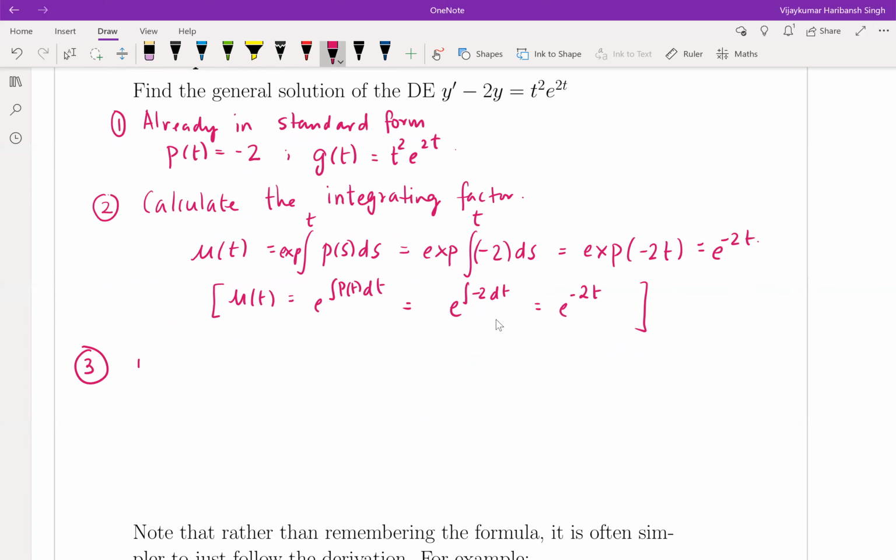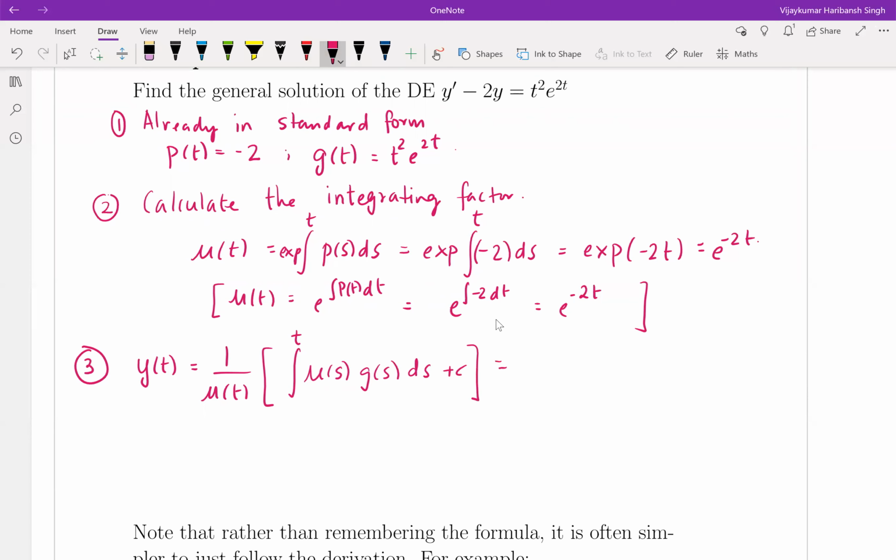So now we can apply the formula. What is the formula? 1 by mu of t times the integral of mu of s g of s ds plus c.